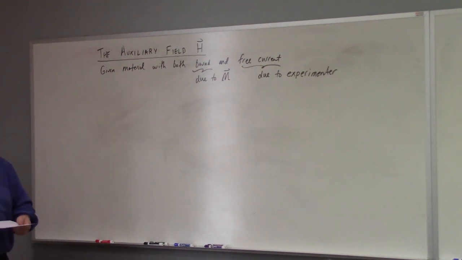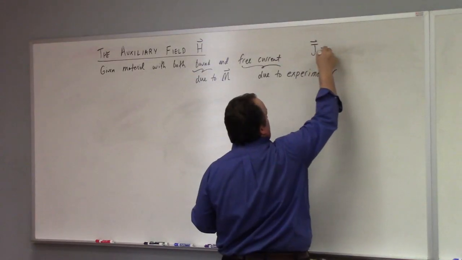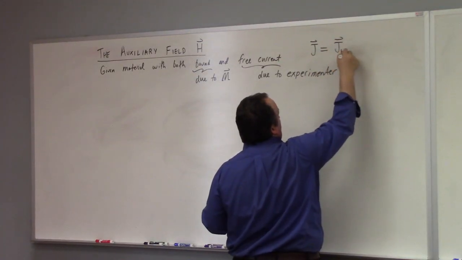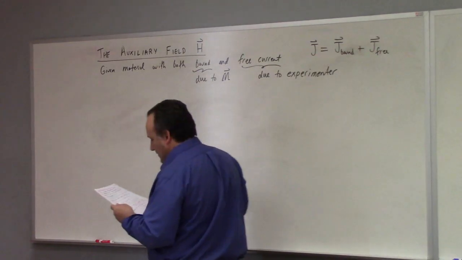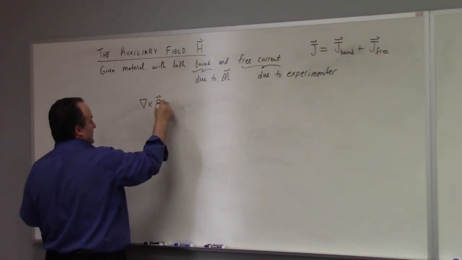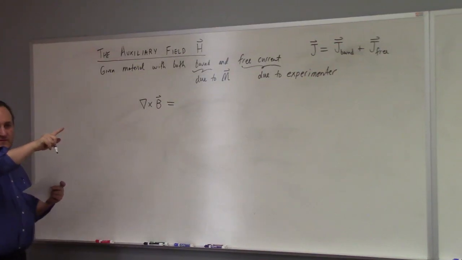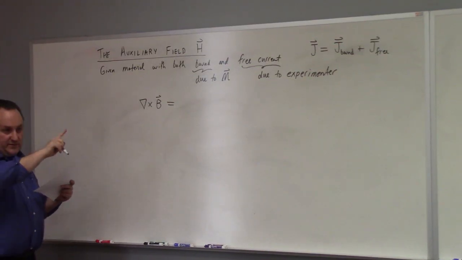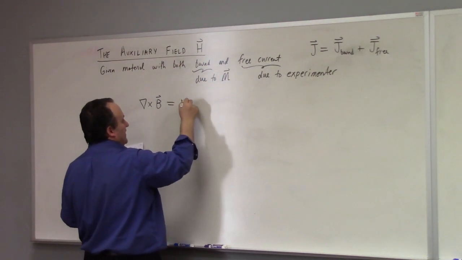We usually have control of the free current through experimental setups. Then the total current J is a sum of the bound current and the free current. Bound current is a steady current, and I'm assuming the free current is also steady, so Ampere's law applies to the total current. The curl of B is mu naught times J.